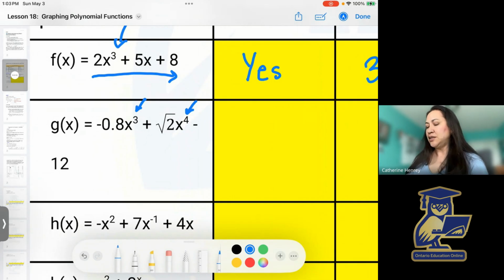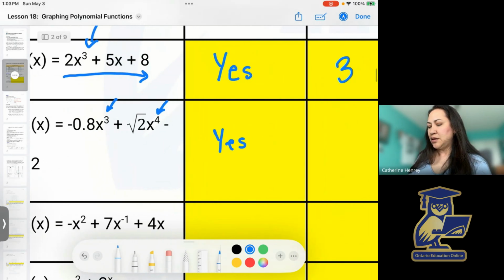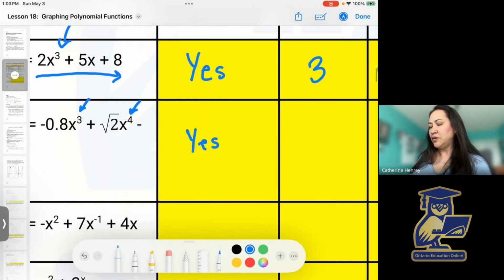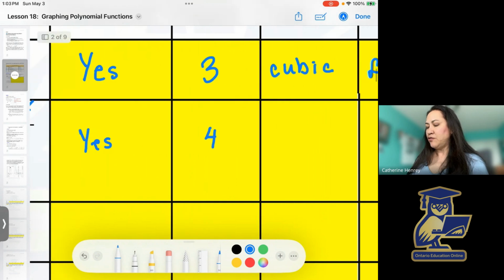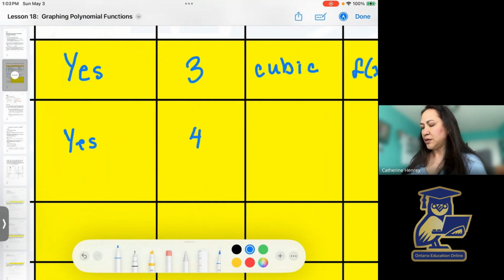So yes, this is also a polynomial. I've pointed out the two exponents, and the degree of the polynomial is the highest exponent. So in this case, it's 4. And from the chart above, a degree of 4 is what we call quartic.